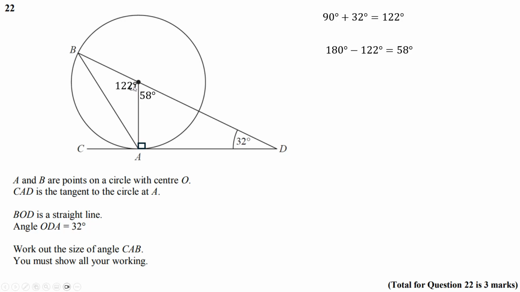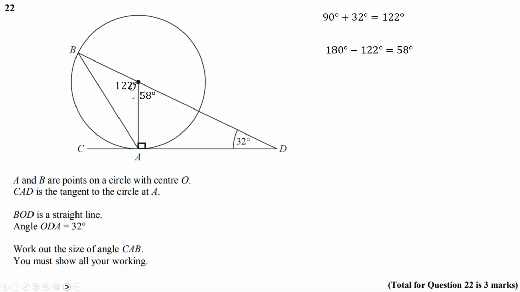And if you notice here, this is a point on the circumference, this is the center. And OB is a radius, and OA is also a radius. So OB equals OA. And a triangle where the two sides are exactly the same is an isosceles triangle.